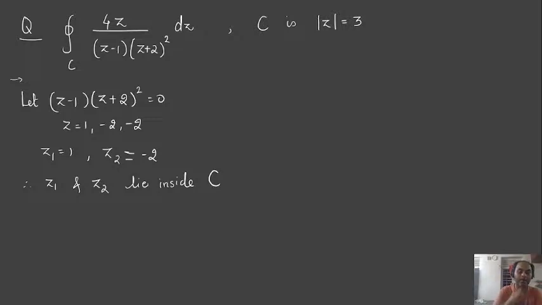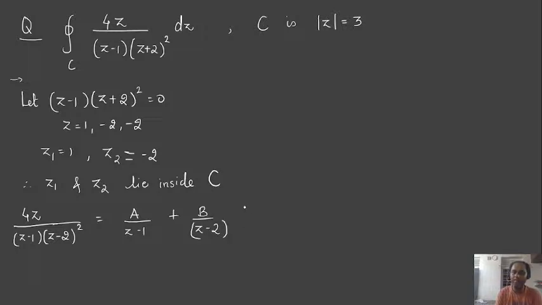Now what we do is partial fraction. So 4z upon (z minus 1)(z plus 2) the whole square. How do we handle this? This is handled in this manner: a upon z minus 1 plus b upon z plus 2 plus c upon z plus 2 the whole square.